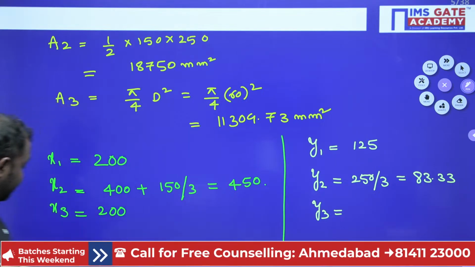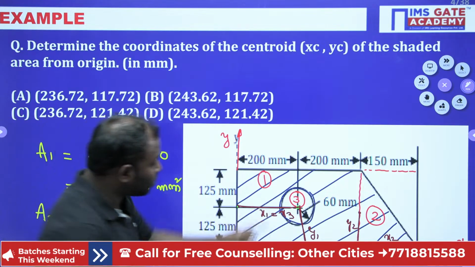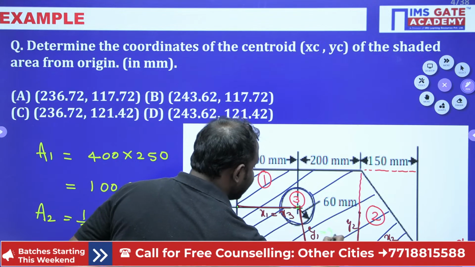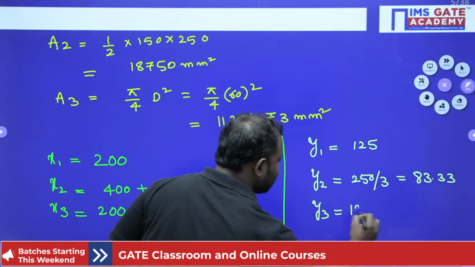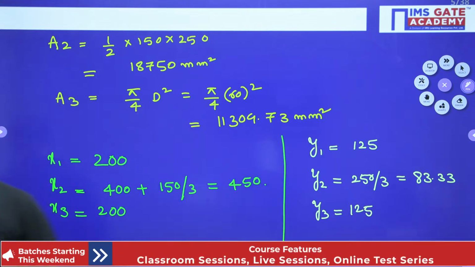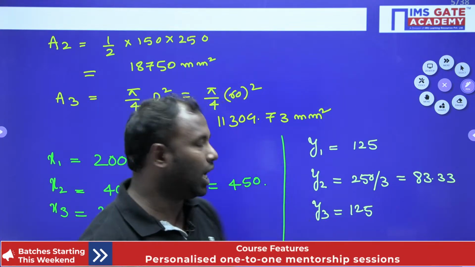Next, y3. Now the centroid of the circle is obviously here only, so y3 is 125. In order to find xc and yc, we have a formula.